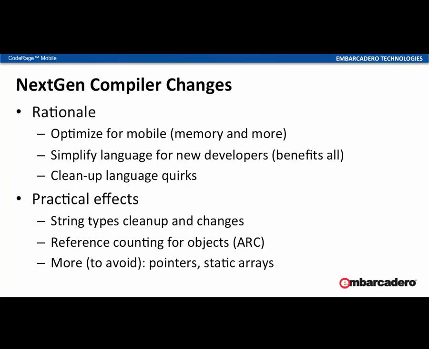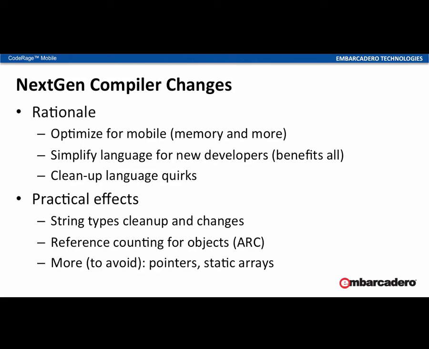So what are the compiler changes? And before we even get to that, why is there any compiler change? There is certainly a push to optimize the way you write code for mobile. Memory and CPU are less powerful on mobile, so optimization is relevant, but that hasn't actually been the driving force behind some of the compiler changes.